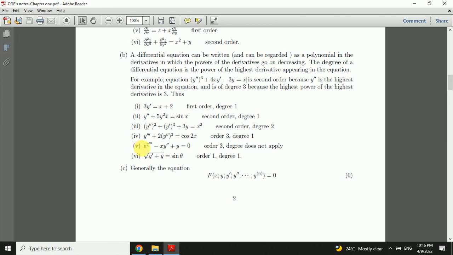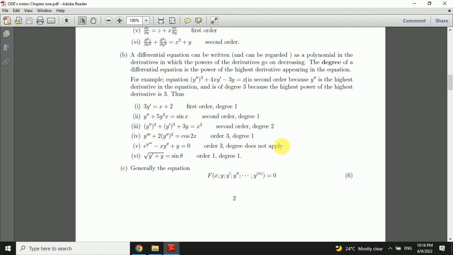While the fifth one, e raised to the power y prime prime prime. So the order of this differential equation is 3 because the highest derivative is y prime prime prime. It has been differentiated 3 times. But the degree, because when you look at this, y prime prime itself is a power, okay? So the degree in this case does not apply.